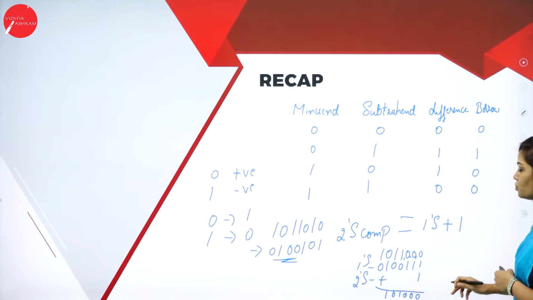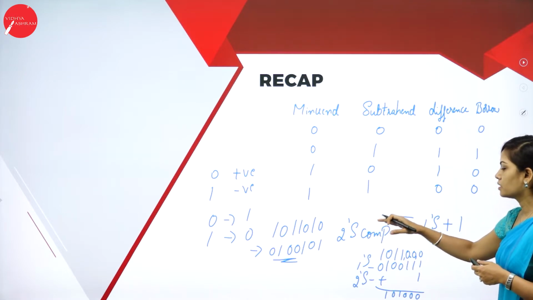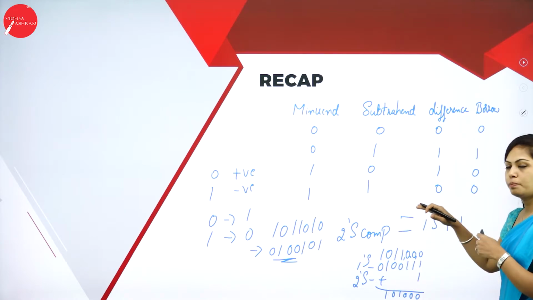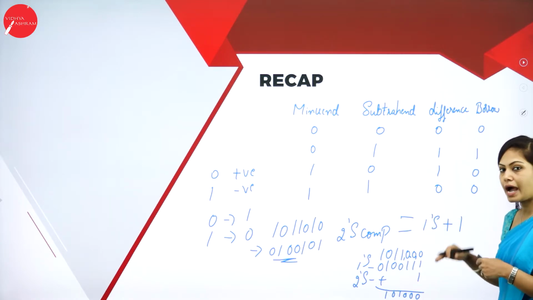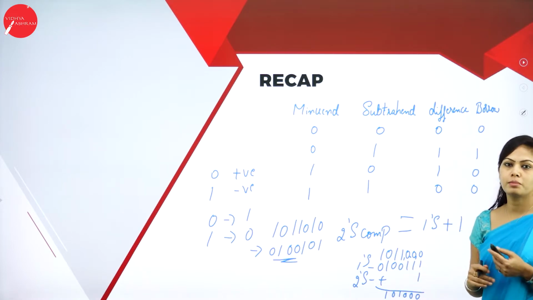This is your 2's complement value. Very simple. 2's complement means 1's complement plus 1. First you need to perform 1's complement, then add 1 to the least significant bit. You will get 2's complement value.